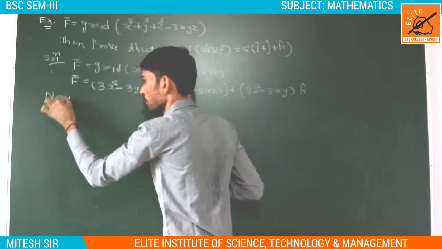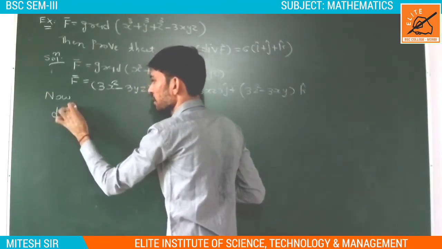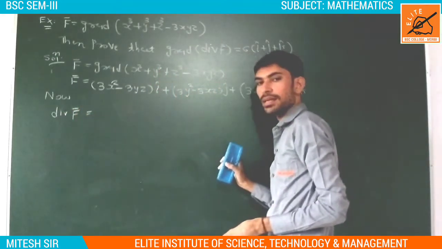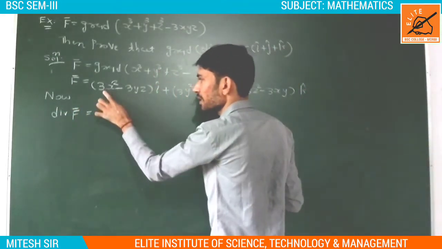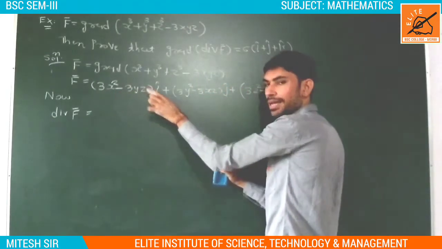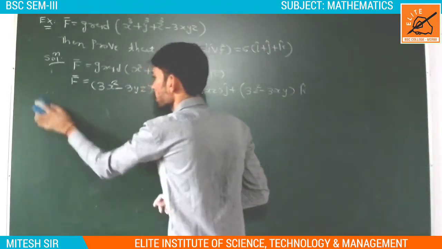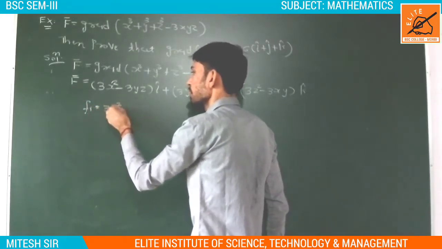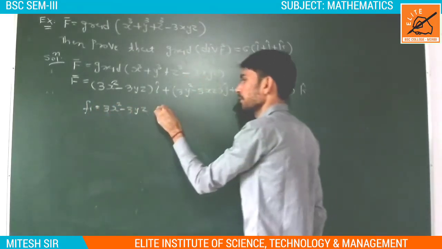Now we find the divergence of vector function f bar. So the formula is del f1 upon del x. Here we write it so you better understand. Our f1 is 3x square minus 3yz.